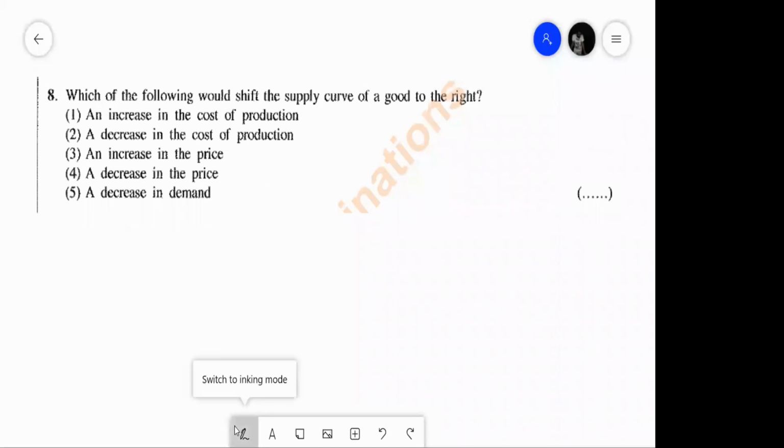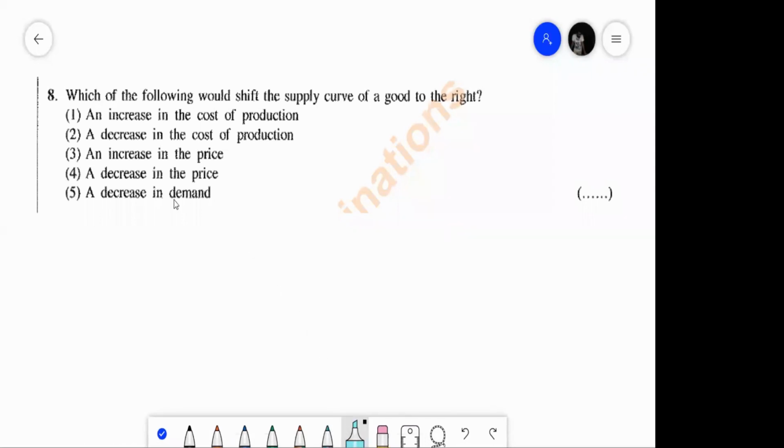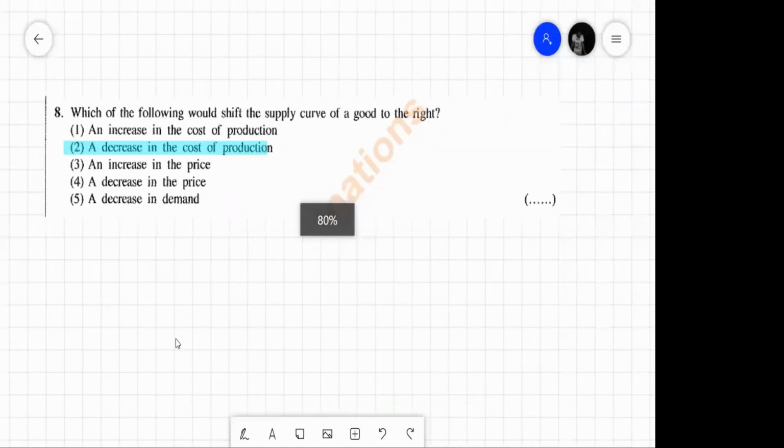The supply curve will shift to the right when there is a decrease in the cost of production or the price of inputs. A decrease in the price will not cause the supply curve to shift to the right. Quantity supplied will decrease. Remember, supply will shift when other prices affecting supply change, not when the price changes. Okay, it's number 2. Okay, done.